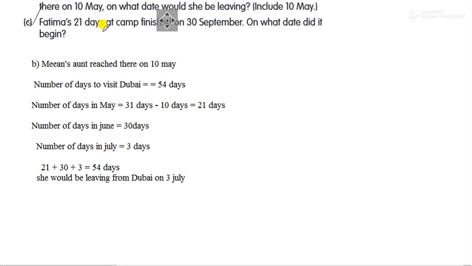Fatima's 21 days at camp finished on 30 September. On which date did it begin? Here the camp is 21 days and it finished on 30 September. So here 30 minus 20 is 10.